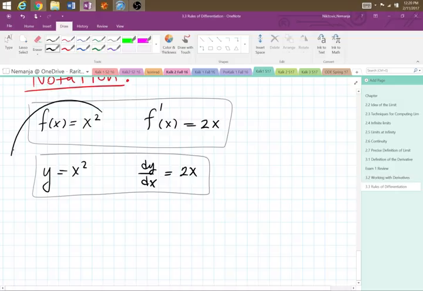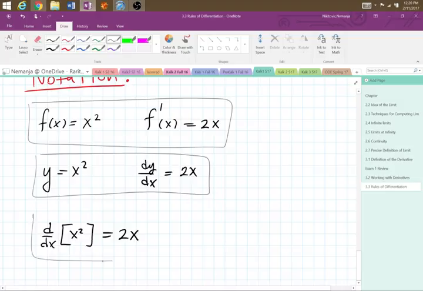You can't use this anymore, but now what you can say is the derivative of x squared is 2x. This is the only way to write the derivative in line, the only way where you can actually have function and derivative show up in the same expression.